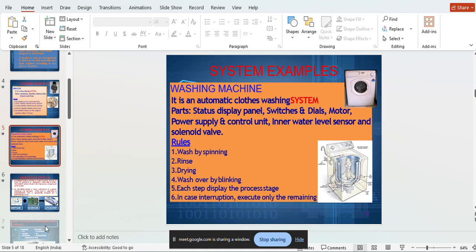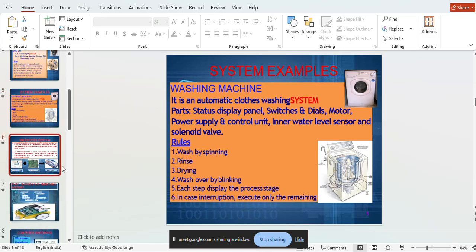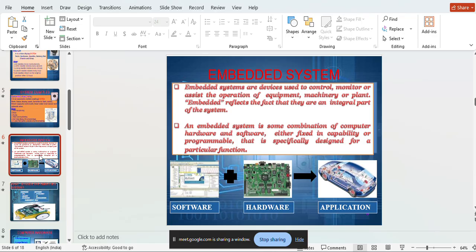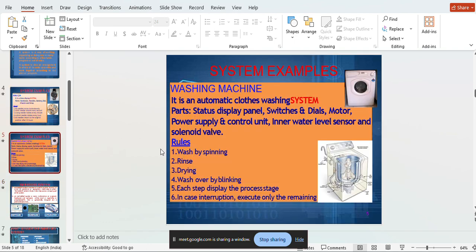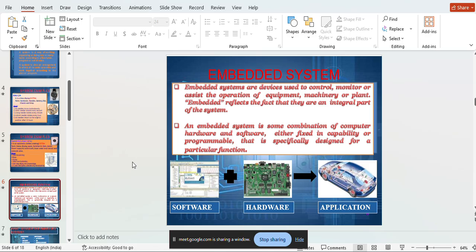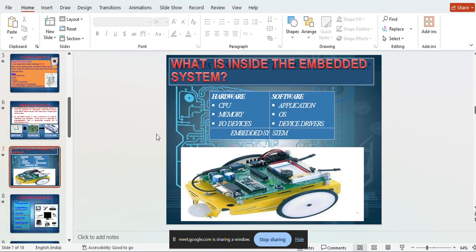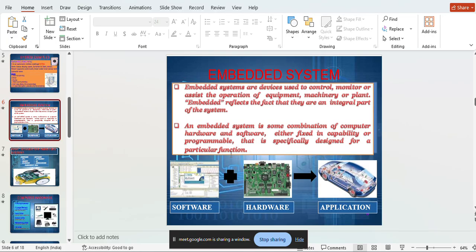The next topic is embedded system. I already told you, every time you should note down the points. We already discussed that the combination of software and hardware is an embedded system.